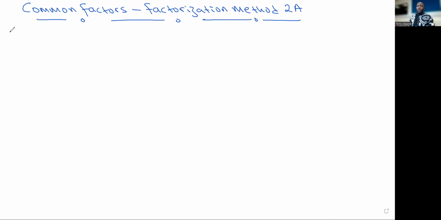How do you do it? There are 5 rules here, okay? There are 5 things to keep in mind when doing this, or 5 steps. Number 1, you have to take out the highest common factor and you then place it in front of the bracket. Is that okay?